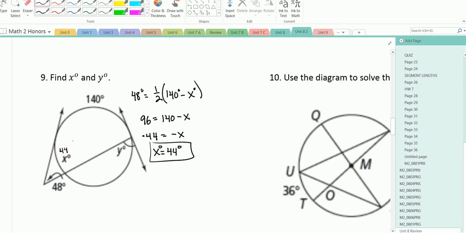So we got 140, we got 44, and so we can find the missing arc measure here. I'll call it z, because we have z plus 44 plus 140 is 360 degrees.